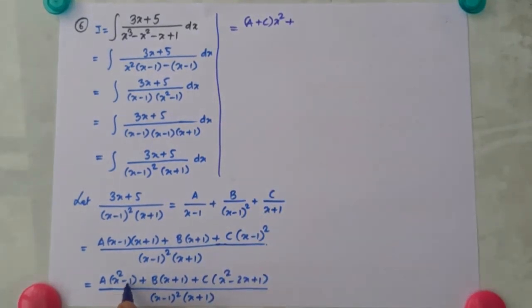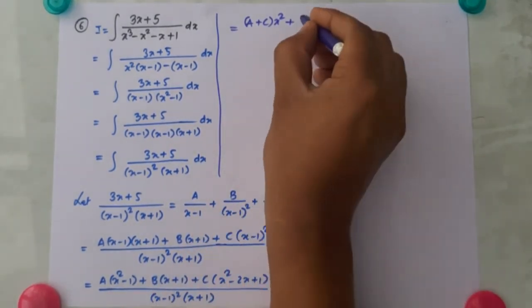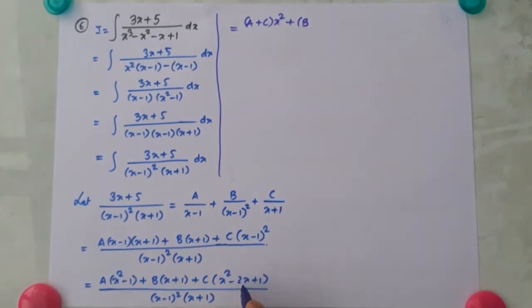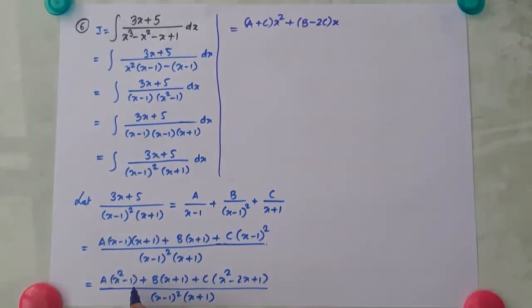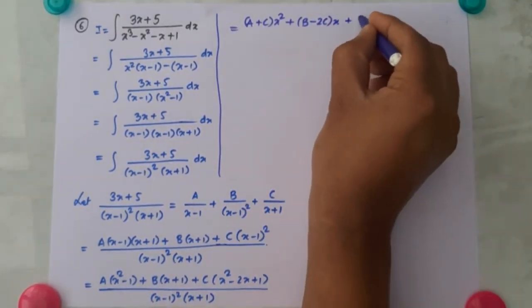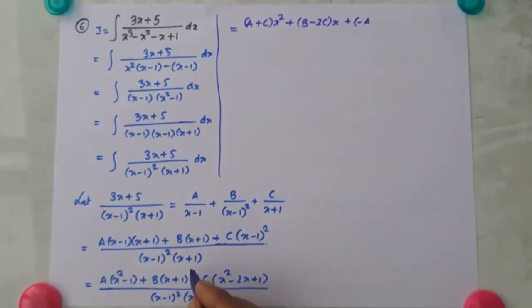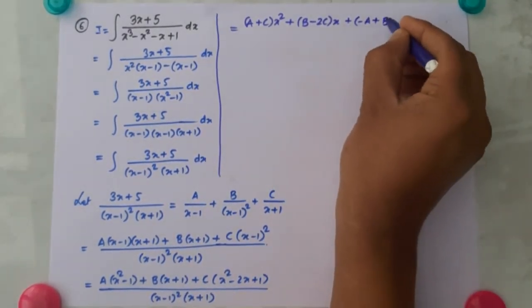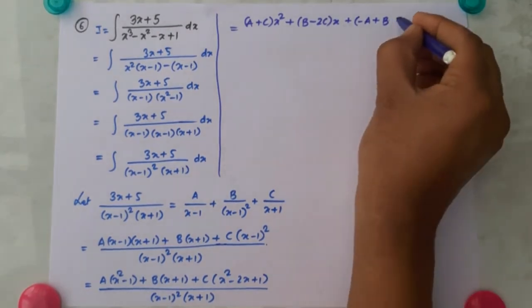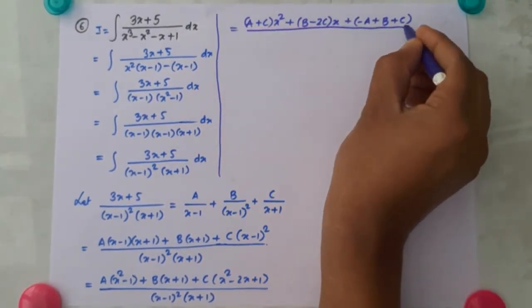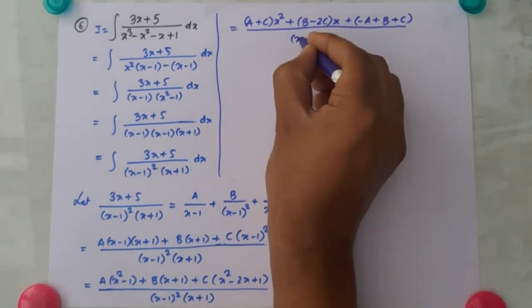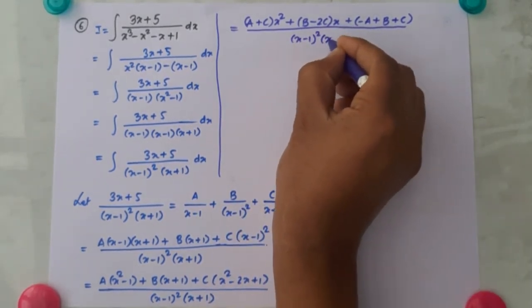So do we have x here? Yes, so this becomes b, and here the coefficient of x is minus 2 into c, that is minus 2c x, and the remaining ones are minus a plus b, and from here you get plus c. So this is your constant term divided by x minus 1 whole square into x plus 1.